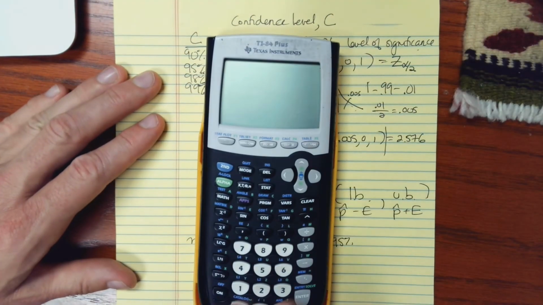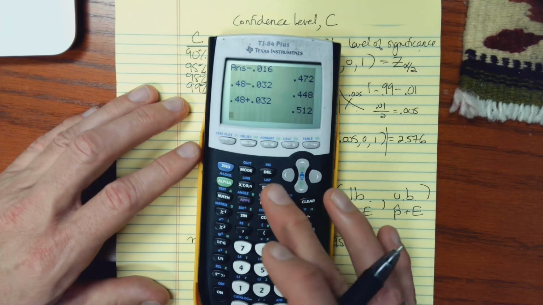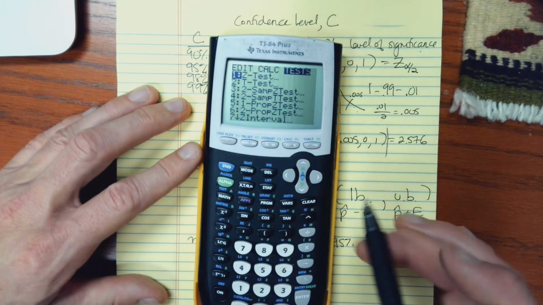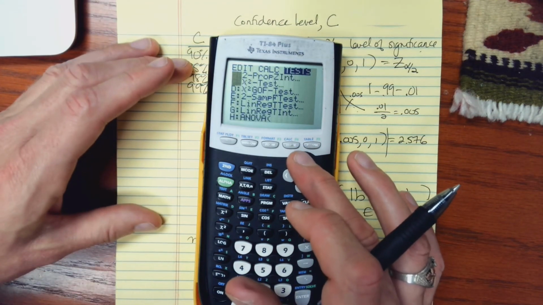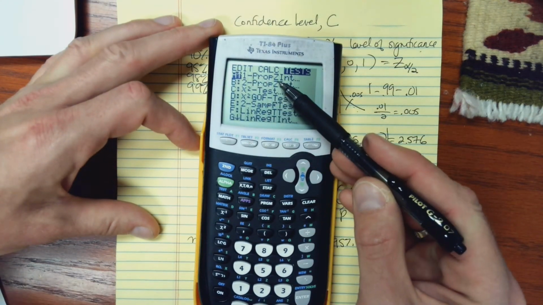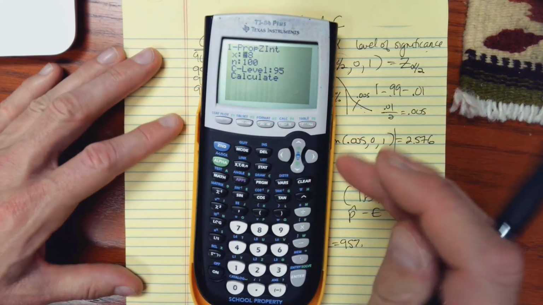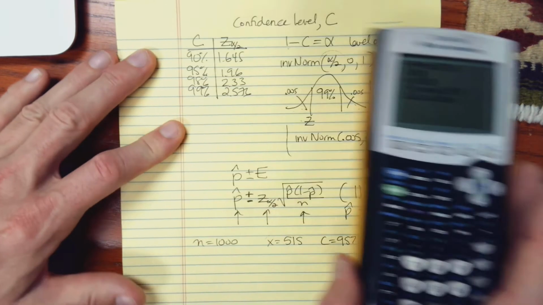So go to your calculator, to the stat menu, scroll over to the test, and you can scroll up or down. It's a little bit faster, I think, to scroll up in this case. I want to choose this 1-proportion z interval. I'll hit enter, and I'm just going to clear all this out. I'll just type over it.